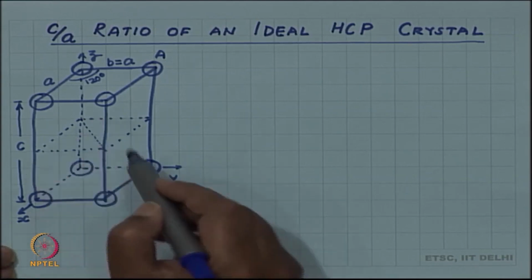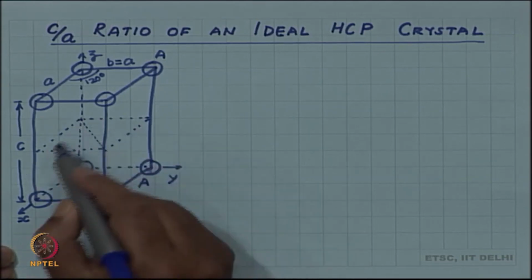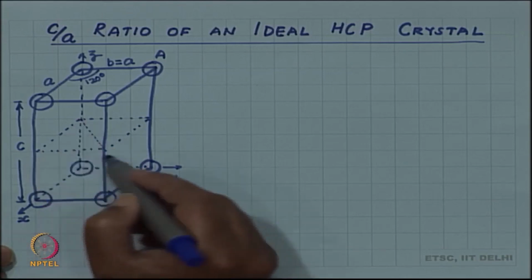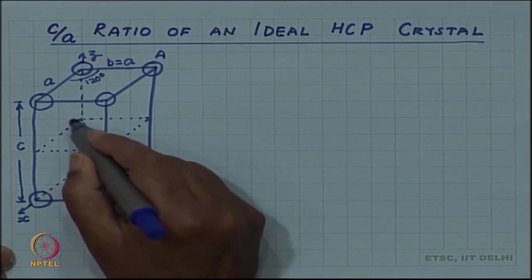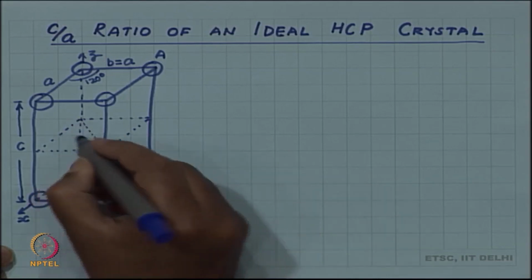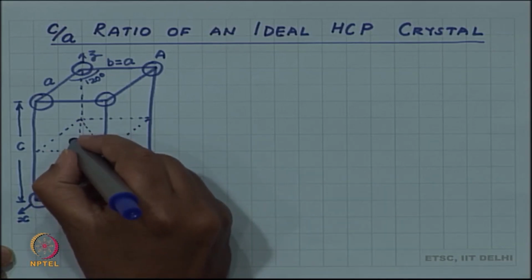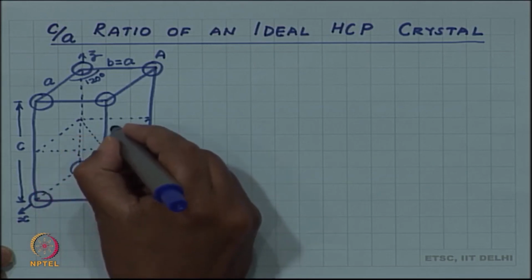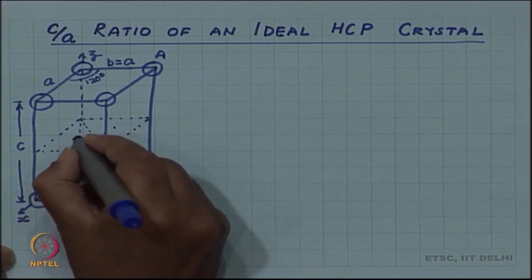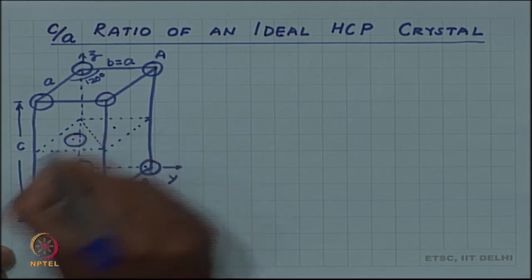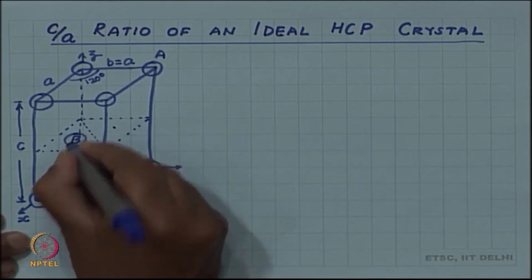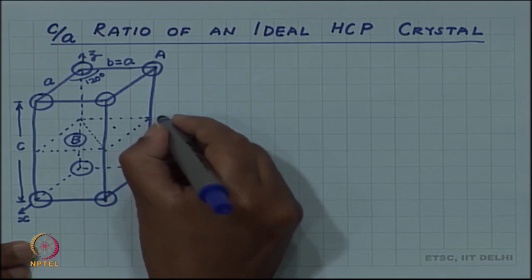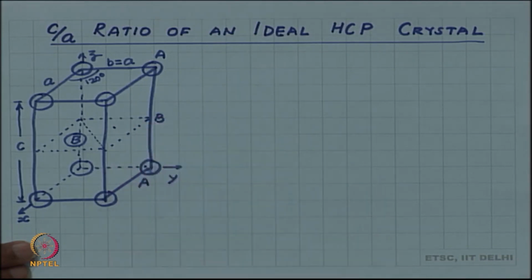The location of the B atom in this plane can be obtained by dividing the mid rhombus into two equilateral triangles, and one of these triangles is designated as B, the other one is designated as C. So, in the centroid of the B triangle, if I place an atom, that is the B atom, and this is the B plane.